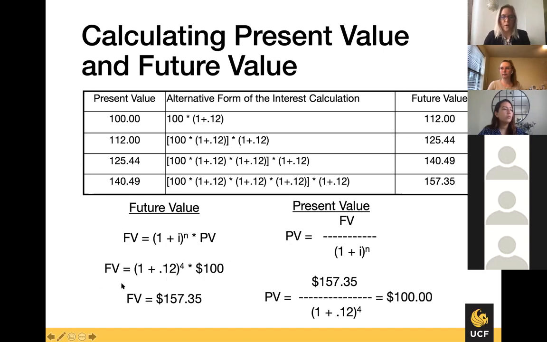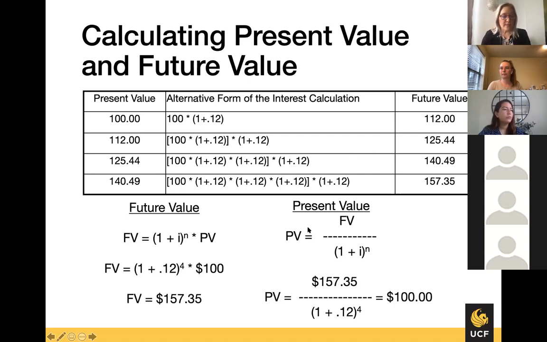And so this equation becomes 1.12 to the 4th power times $100, which equals this value that you can see here. Having done all these calculations by hand, adding 12% each of the 4 years, we end up with 157.35, which is, of course, the amount that we have down here in terms of the future value.